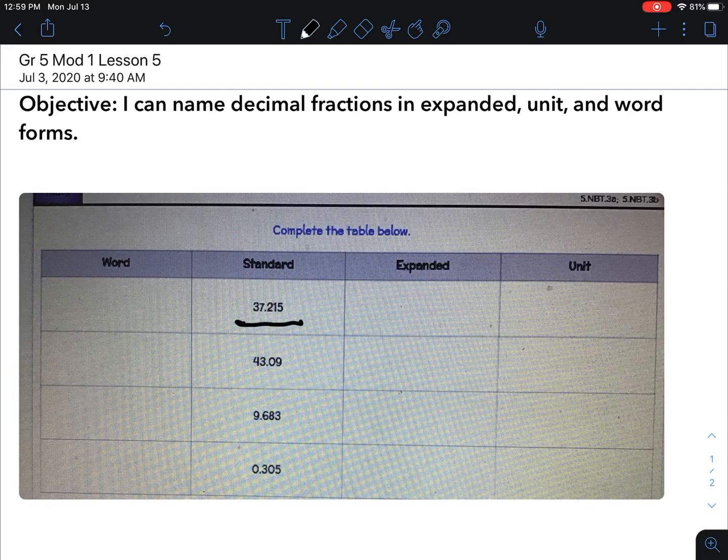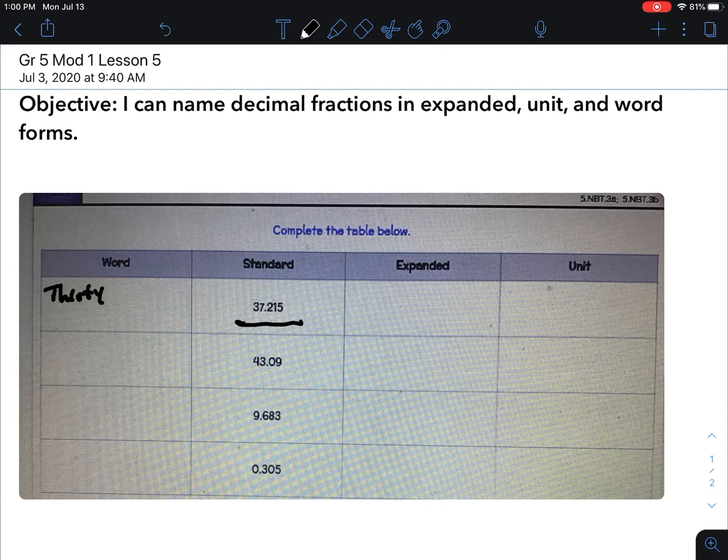So the first one, standard form, you have to write that. And again, the trick to writing any number in word form is to be able to pronounce it out loud. So make sure you see the decimal point there, but that you pronounce that number 37 and 215 thousandths, right? So if you can say it, you can write it.